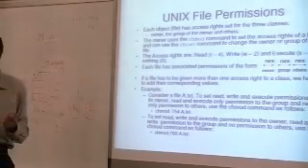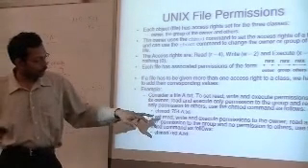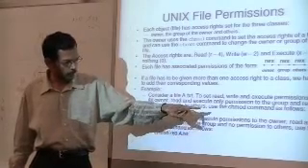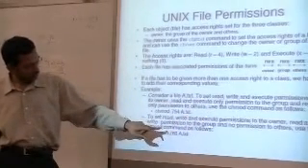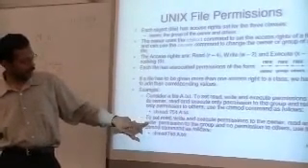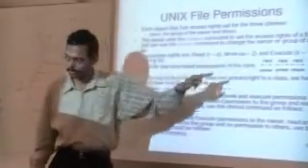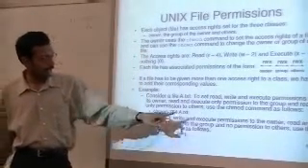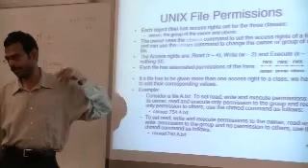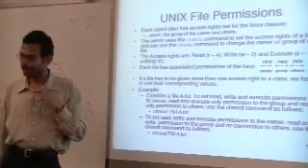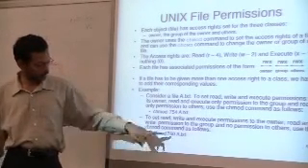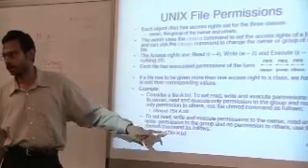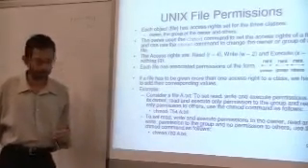Very simple. Okay, so let's do one more. If you want to set read, write, execute for the owner, 7. Read and write for the group, 4 plus 2, 6. And no permission to others, which means the others outside the group cannot do anything on the file, they get 0. Okay, so that's how it's set. One more time.